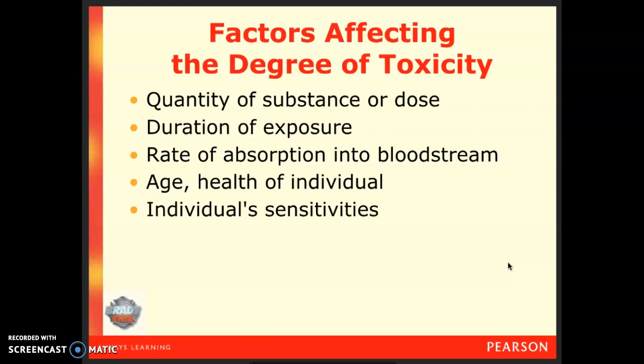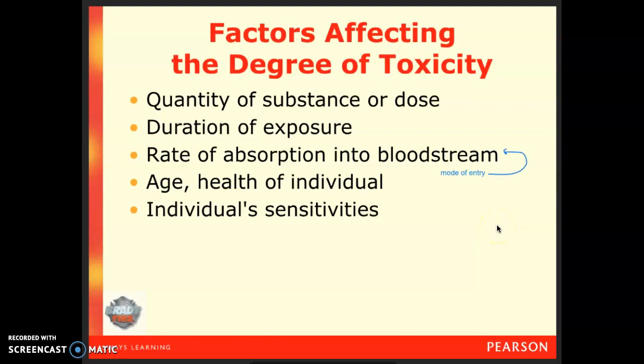But there are also factors like duration. How long were you exposed to the toxic material? How quickly does it get into your bloodstream? So with this one, we're usually talking about avenues or mode of entry. How did it get into your body? Because rates for absorption and inhalation are going to be much different from each other.